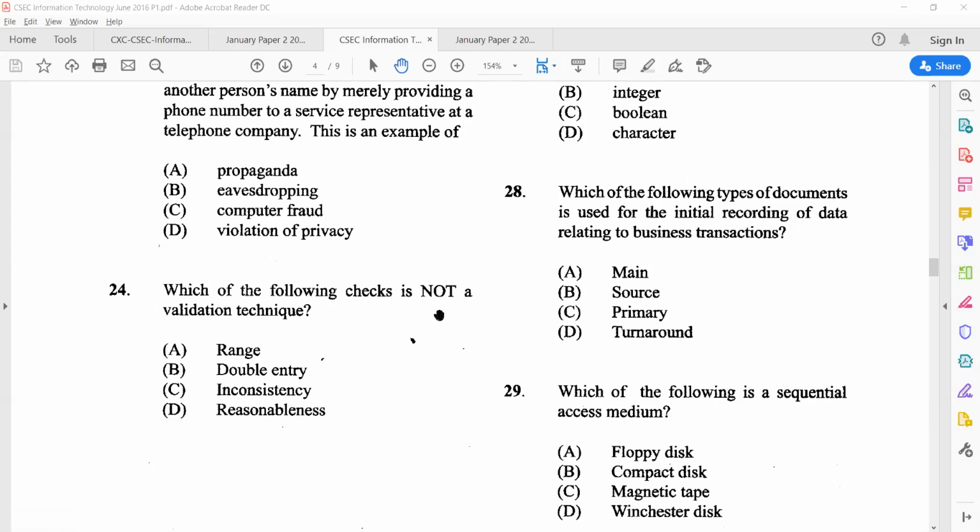If it's not a validation, then it's a verification check, right? So is the range check a validation or a verification check? Anyone?